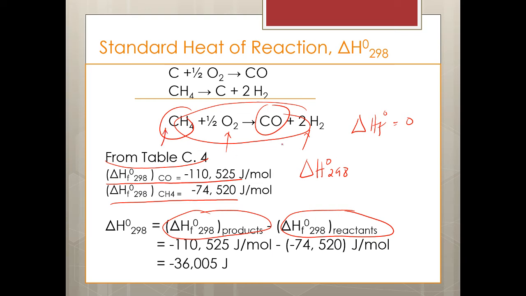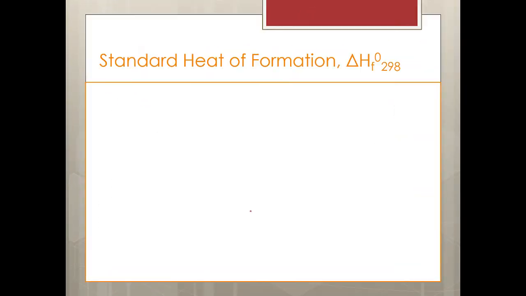Nagkataon lang na sa balanced reaction, 1 yung coefficient, kaya hindi kailangan i-multiply. So, minus, since negative din to sa methane, kaya naging positive na to. At to yung magiging result. Okay?